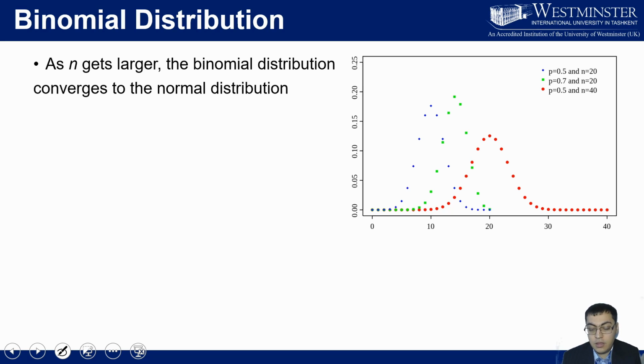As you can see over here in this chart, if I have 20 Bernoulli trials, it looks like that blue curve over here, and as I keep increasing the number of trials that I do, this binomial distribution approaches the normal distribution.